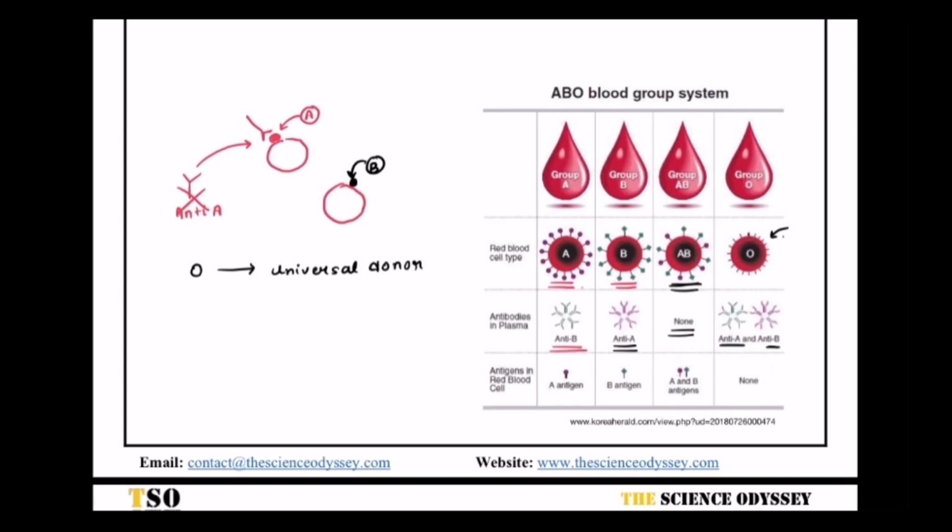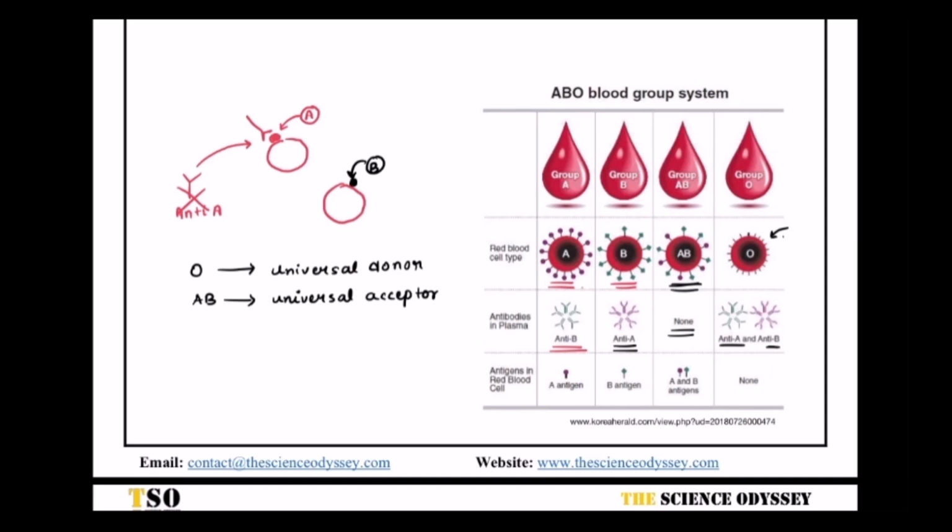That is, any person with O blood group can donate blood to all the other blood types. Whereas AB is referred to as the universal acceptor or universal recipient. It can accept blood from any blood type because it does not have any antibodies.